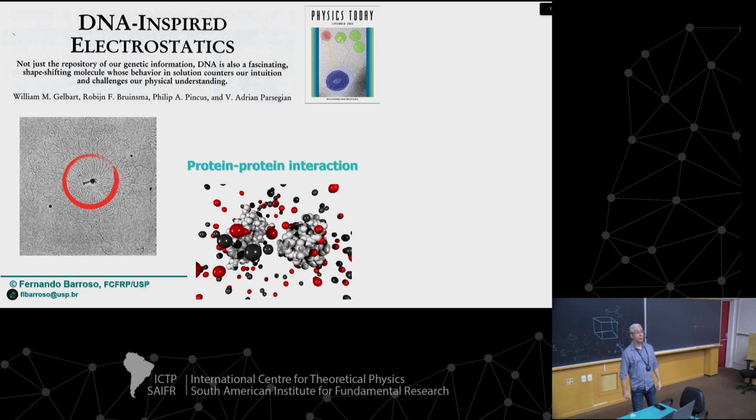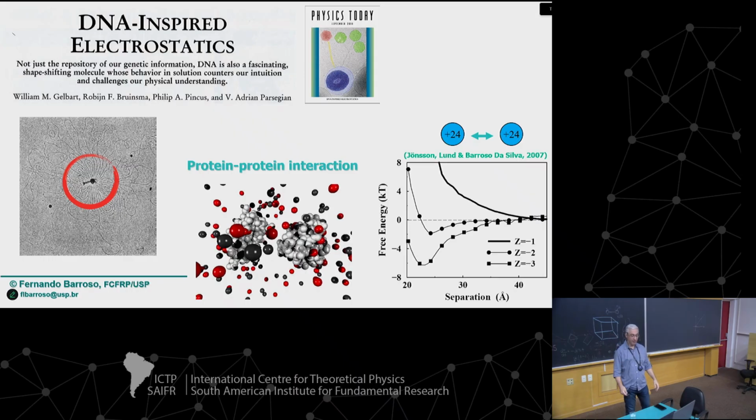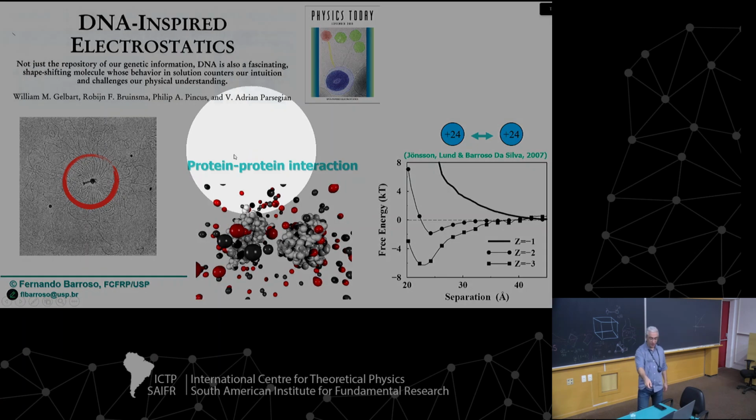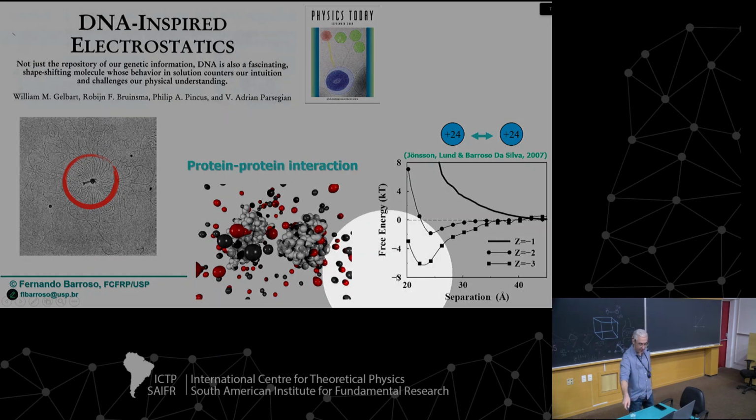If you are working with protein-protein interactions, you can see that I can take 2 calmodulins. I'm talking about a protein that in the studied condition has +24 units of charge, and the other has +24 units of charge. And they happen to form a complex. Or, sorry, actually calmodulin should be -34, but never mind. It's just the same example, 34. You can see the free energy as a function of separation distance.